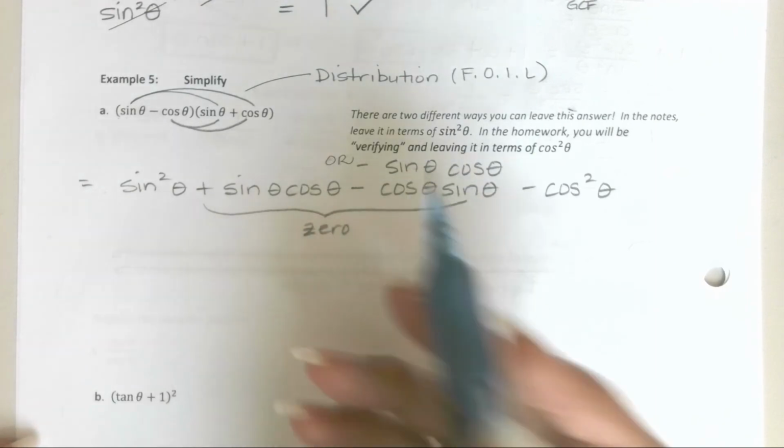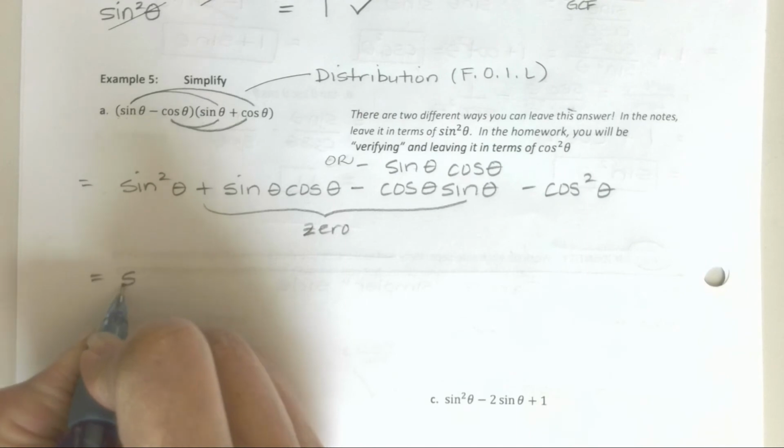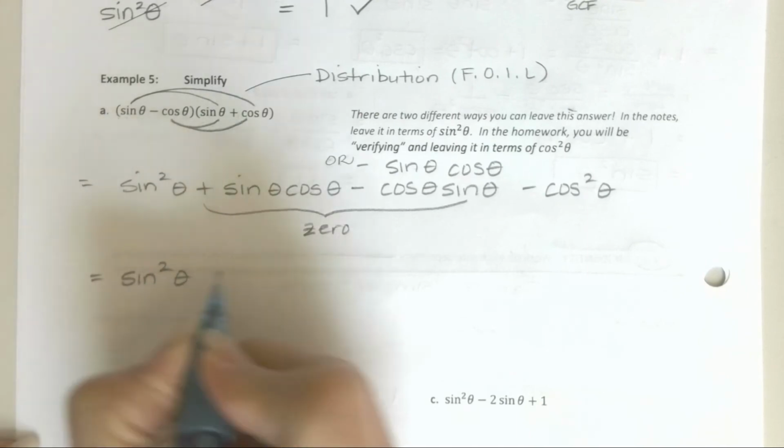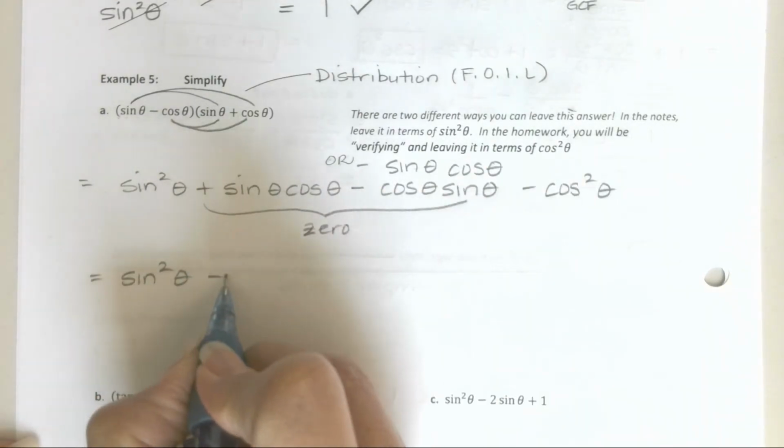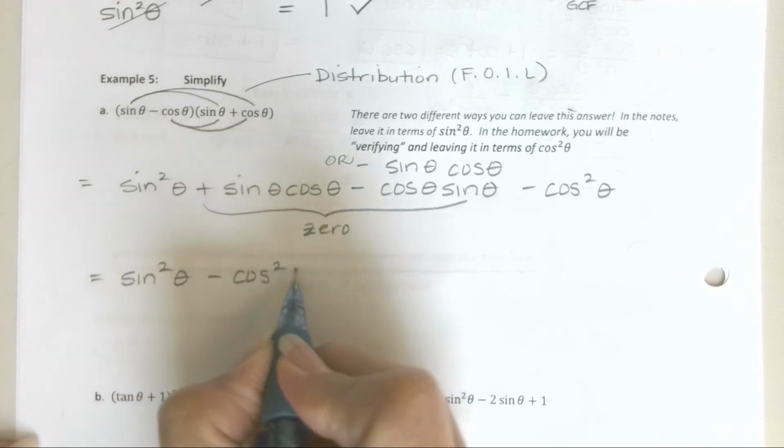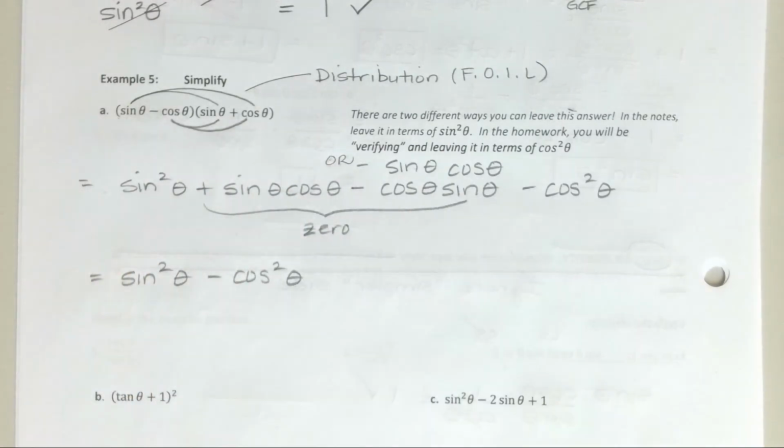So those cancel out and you're left with sine squared theta and your minus cosine squared theta coming down. Alright, so up to here, are we okay?